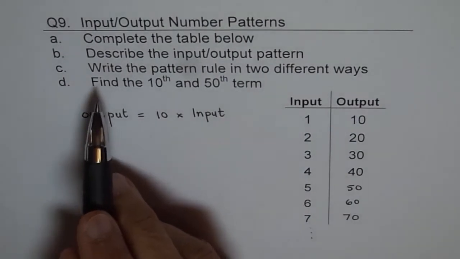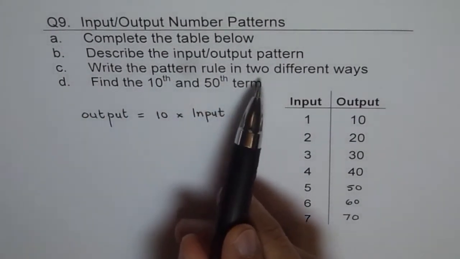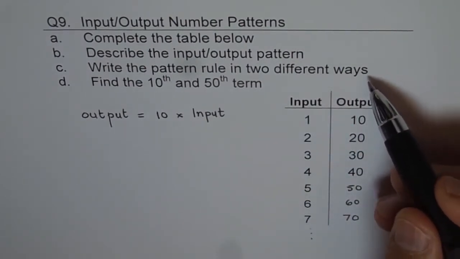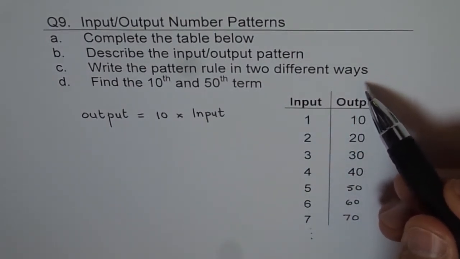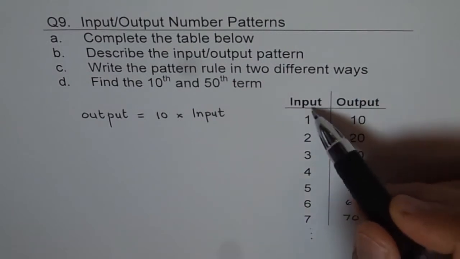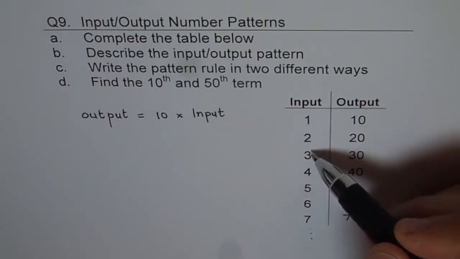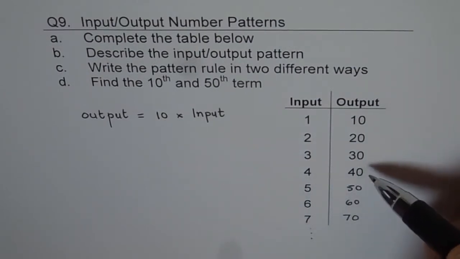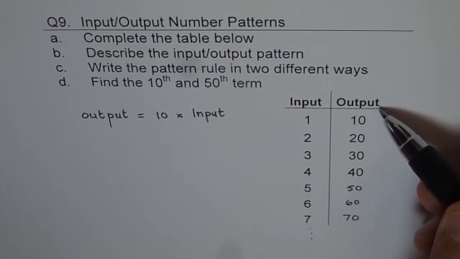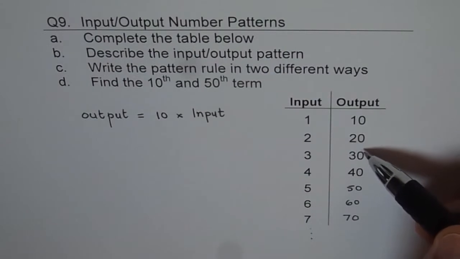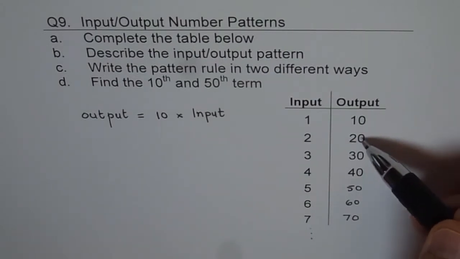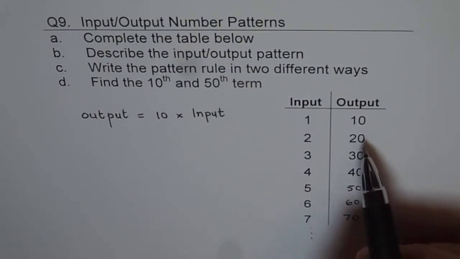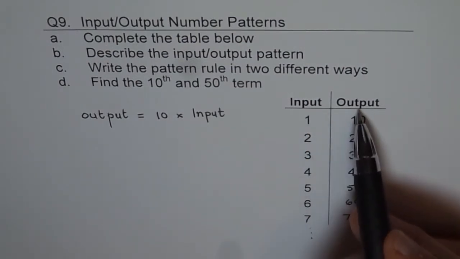Then I have to write the pattern rule in 2 different ways. Now, I've been very open here about which pattern rule to write. Some are smart students. They write the pattern rule of inputs, like input is going up by 1 each time: 1, 2, 3, 4. Similarly, the pattern rule for output: output is going up by 10 each time, 10, 20, 30. So you could write pattern rules for input and pattern rules for output.